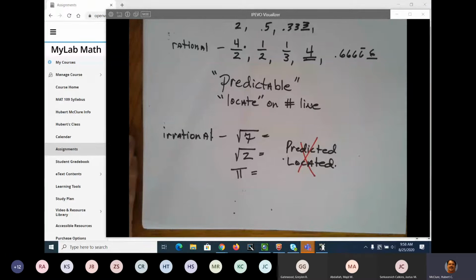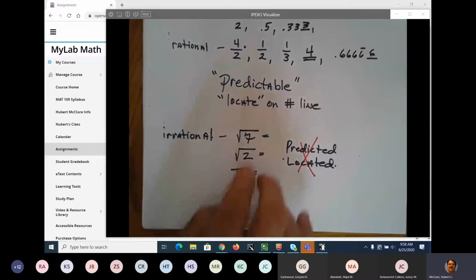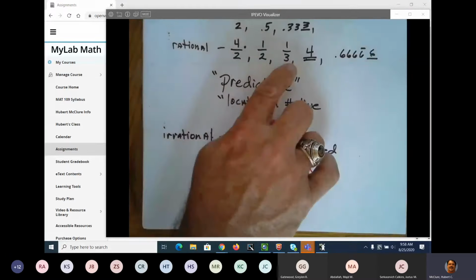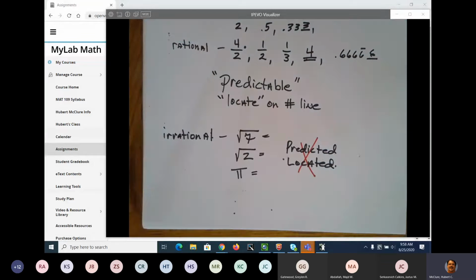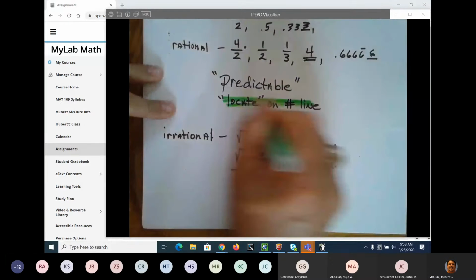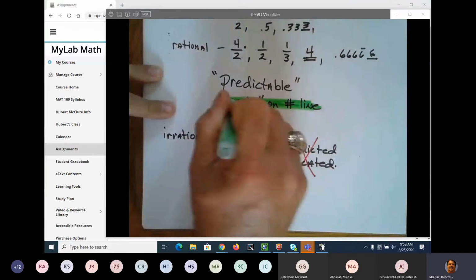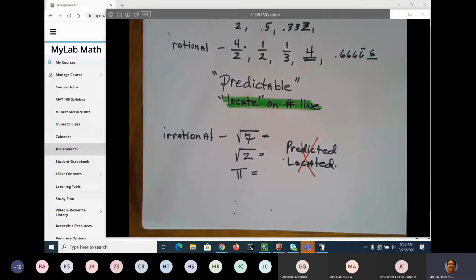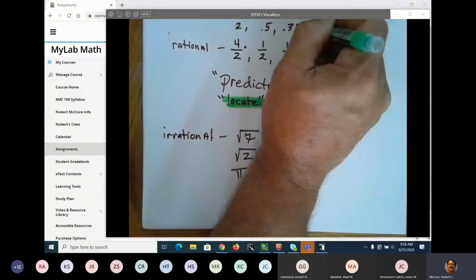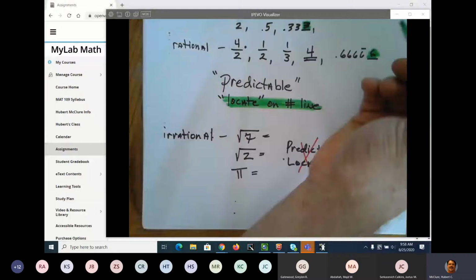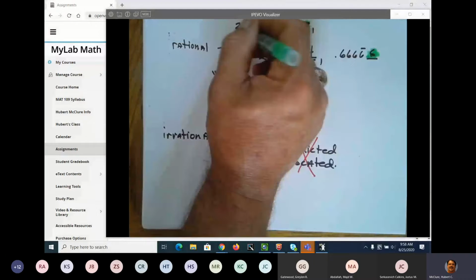Thank you. All right, so rational means numbers that are predictable that you can locate on a number line. And that's the biggest one. I'm going to take my handy dandy highlighter in green. You can locate those guys on a number line because you know what this next number is. You know that's 0.5. You know that's 2.